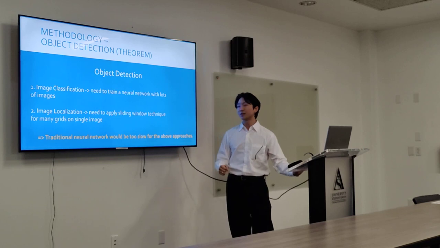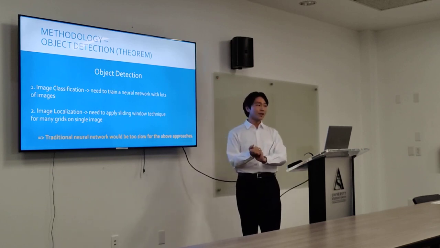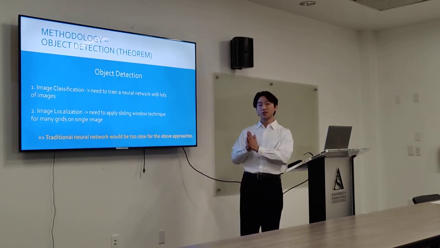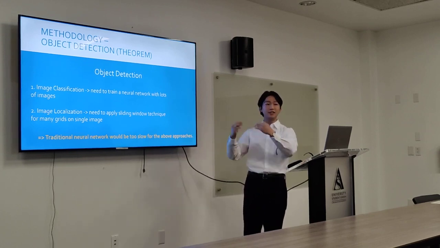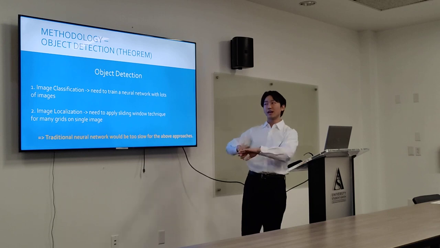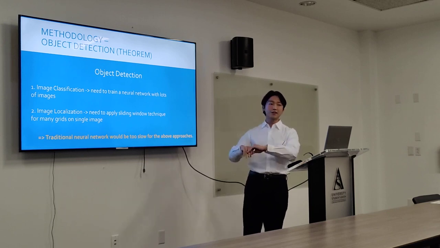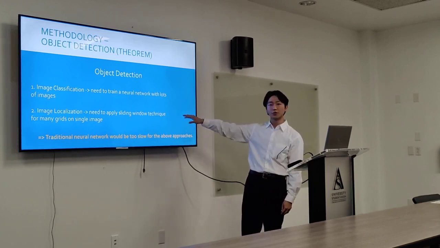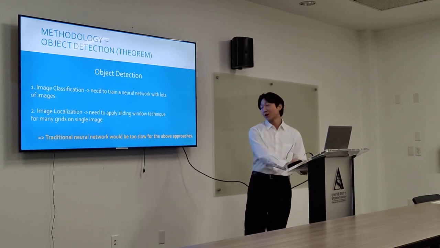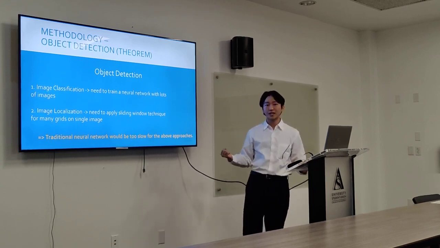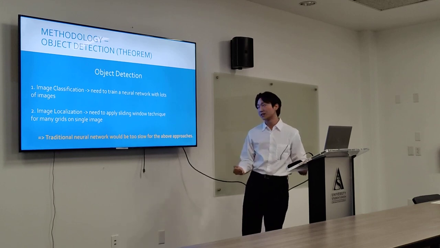Sliding window techniques need to apply lots of filters to one image, breaking it down into several pieces, then input those to the neural network again and apply different filters over again. So basically, we need lots of computational power, and to advance shark tracking, we need to find a way to enhance this neural network.